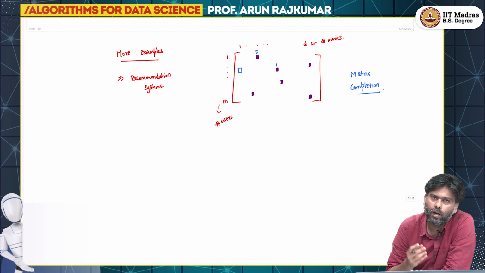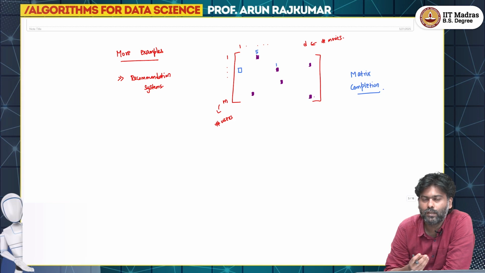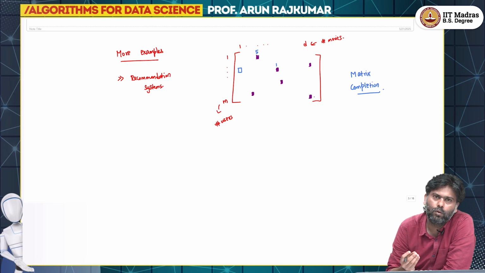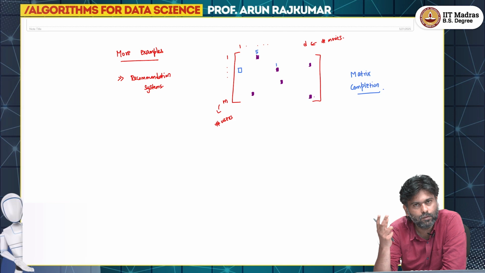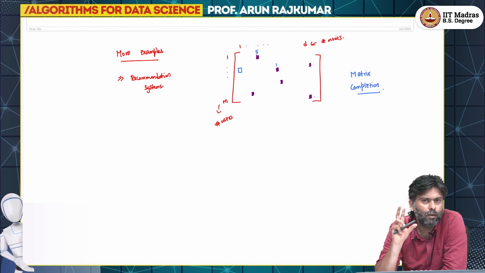Now if there are only very few aspects, let's say there are only k aspects the user actually looks at, right? So maybe the user is looking at the genre of the movie, maybe the user is looking at who's the lead actor in this movie, and so on and so forth. Maybe there are some k hidden features that a user subconsciously uses to figure out if he or she likes the movie or not, right?